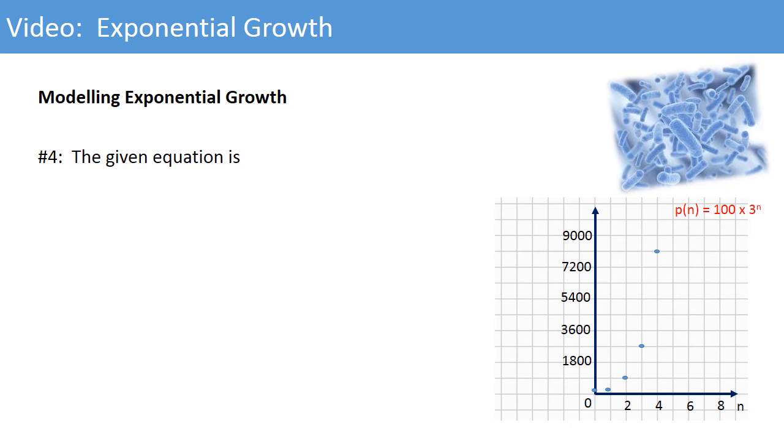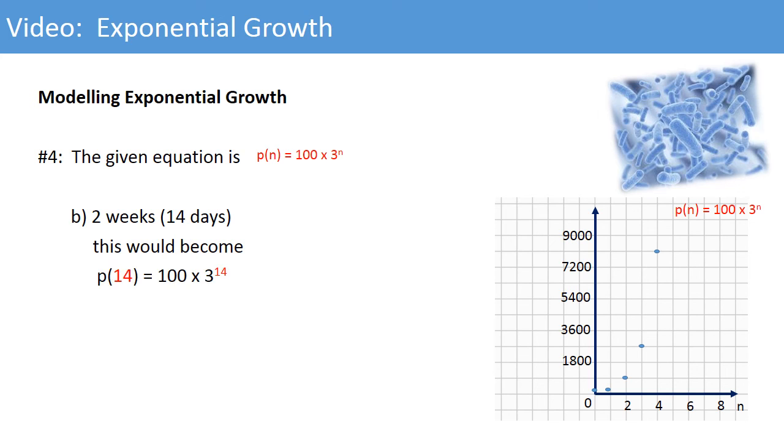The given equation is P of n equals 100 times 3 to the exponent n, and we want to find the value now for 2 weeks, which is 14 days. This would become P of 14 equals 100 times 3 to the exponent 14.